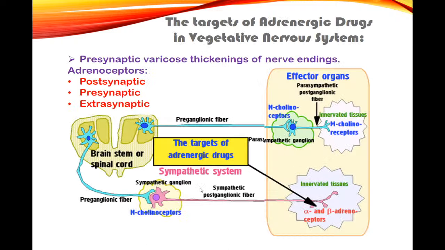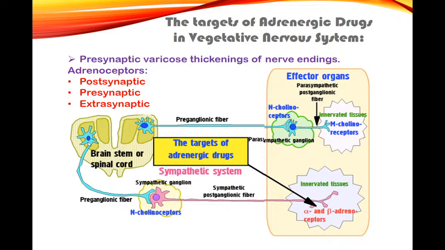Once again, this scheme, parasympathetic nerve, first impulse transmission in ganglion, acetylcholine. Second impulse transmission from postganglionic nerve to effectory organ, also acetylcholine, both cholinergic synapses, so cholinergic drugs act in parasympathetic nerves.